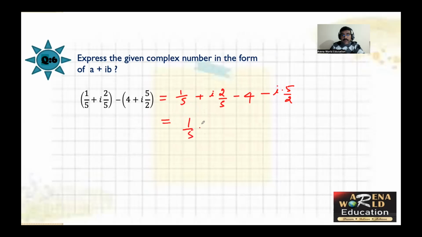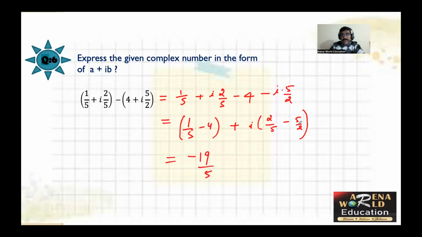So 1 upon 5 minus 4 plus iota into 2 upon 5, right? Minus 5 upon 2. So if we take the LCM, directly I'm writing 5 into 4, this will be minus 20. So 1 minus 20, it will be minus 19 upon 5, right?